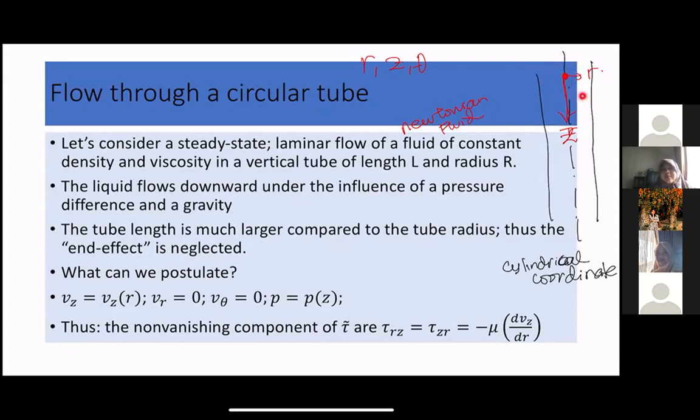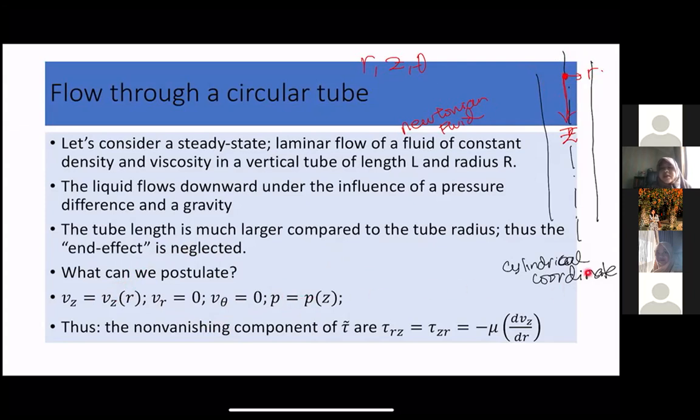Later on there would be an example where we have two cylinders and between the cylinders we put the fluid and then we rotate those cylinders, so the fluid will just rotate like that. In that case we have phi theta, but in this case we only have phi z. So phi theta is equal to 0 again.